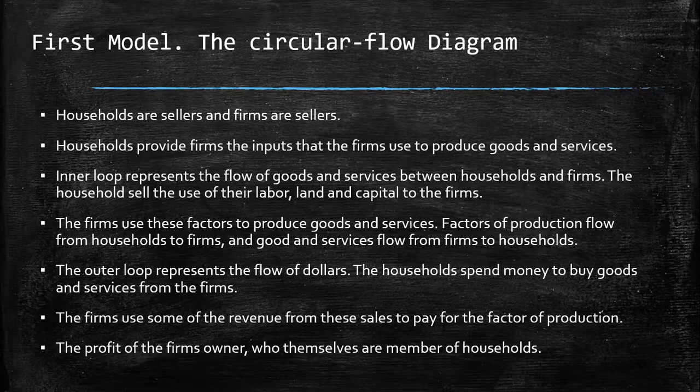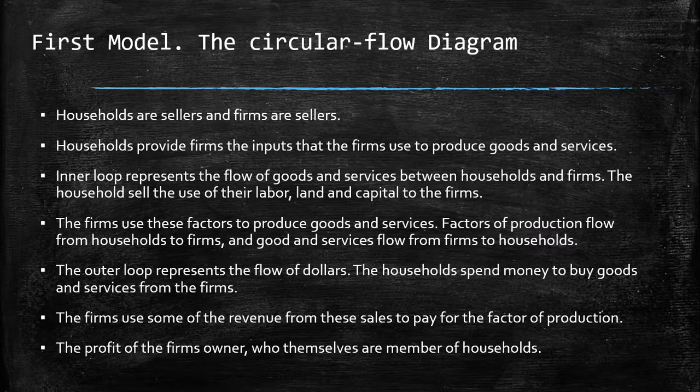In the circular flow diagram, we see an inner loop, an arrow which represents the flow of inputs and goods and services between households and firms. The households sell the use of their labor, land, and capital to the firms.